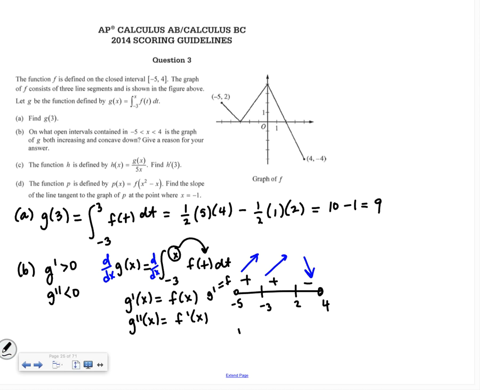So when we look at the sign chart for -5 to 4, for g double prime, which is equal to f prime, we want to know when f prime is positive or negative. So what that means is when is our slope positive or negative. So our slope is negative, then it's positive, then it's negative all the way to 4.